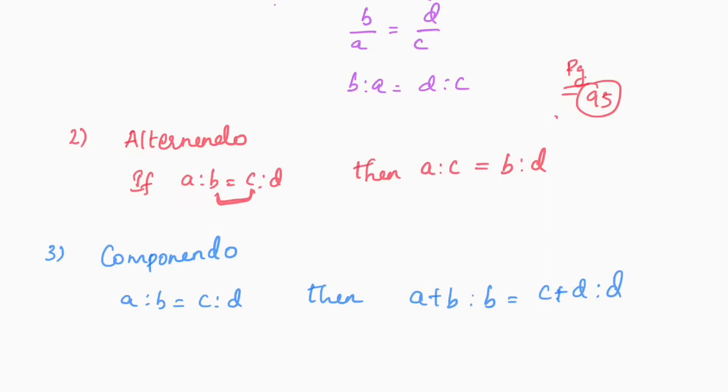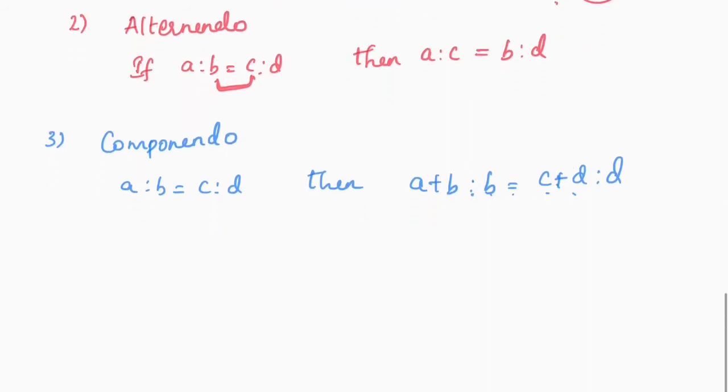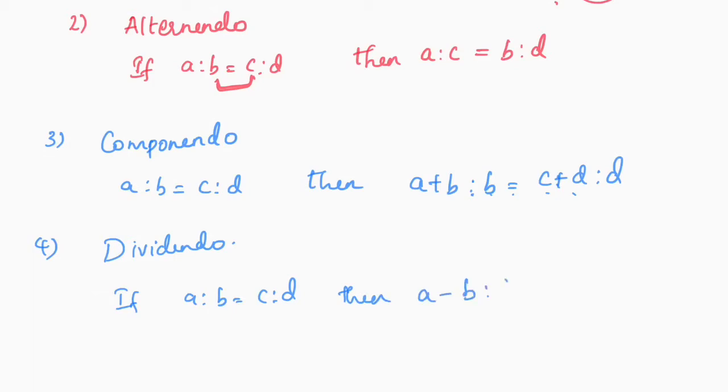A plus B is to B will be equal to C plus D is to D. This is the property. For the proof, go through your textbook. You must learn all these properties also. Now coming to dividendo. In this, if A is to B equal to C is to D, then, similar to componendo, but instead of plus you have a minus here: A minus B is to B equal to C minus D is to D.